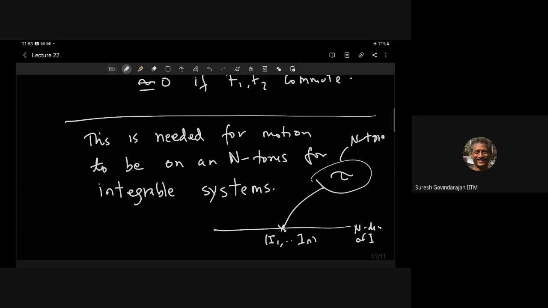If you change some parameter, omega might change, but that's about it. That's why it's chosen. This also plays a very important role in quantum mechanics in the Bohr-Sommerfeld quantization condition, where this action becomes n times h bar or something. Okay, so I'll stop here.